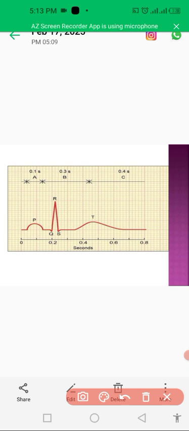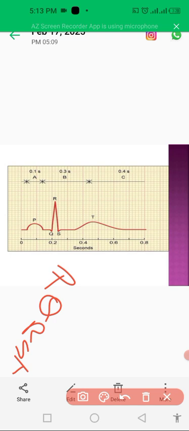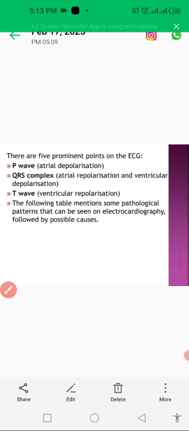Now let's suppose this is the P wave and this is the Q wave, R wave, S wave and T wave. Now these waves represent different mechanisms of the heart. We will be looking at these waves.